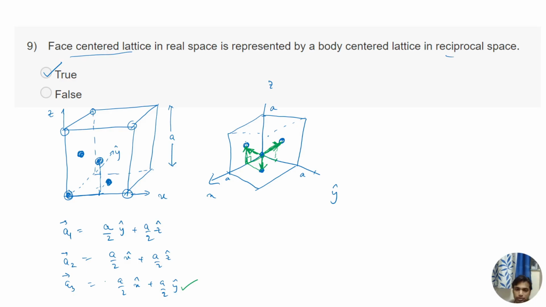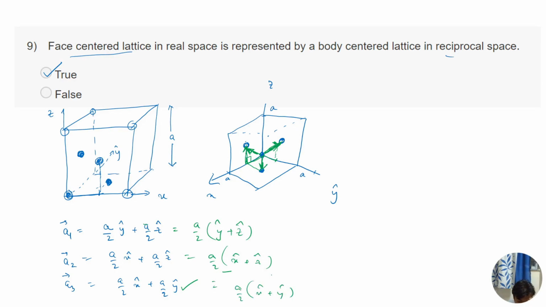Now since you have these, this is a by 2 y cap plus z cap. This is a by 2 x cap plus z cap, and this is a by 2 x cap plus y cap.